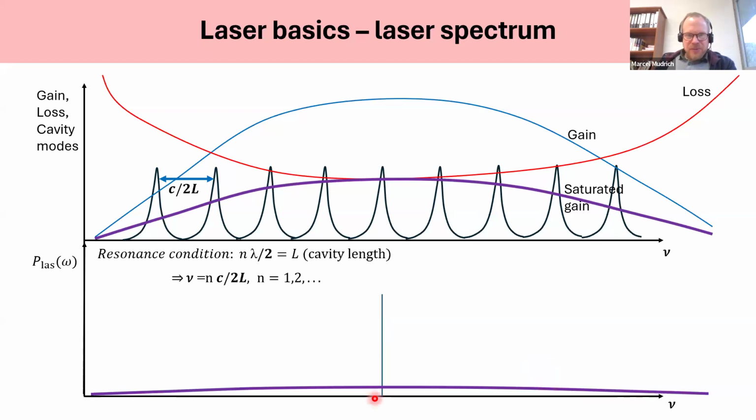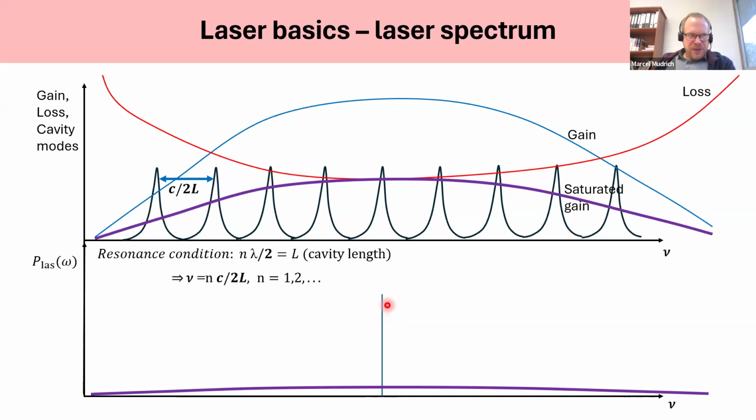We want, of course, mostly lasing to occur in this extremely narrow laser mode. But this interesting result is that from this very simple rate equation model already, we can conclude that by the laser principle, we should expect an extremely narrow spectrum of the laser radiation.